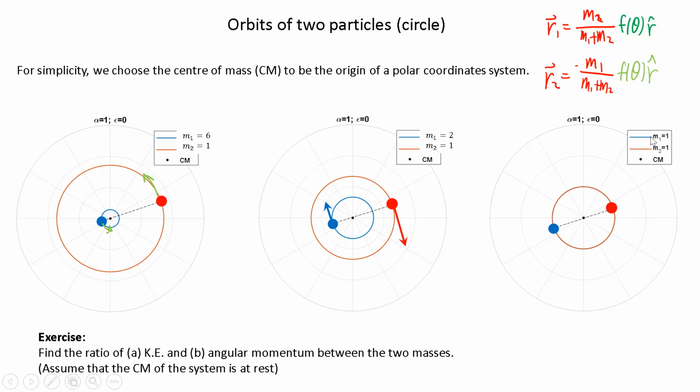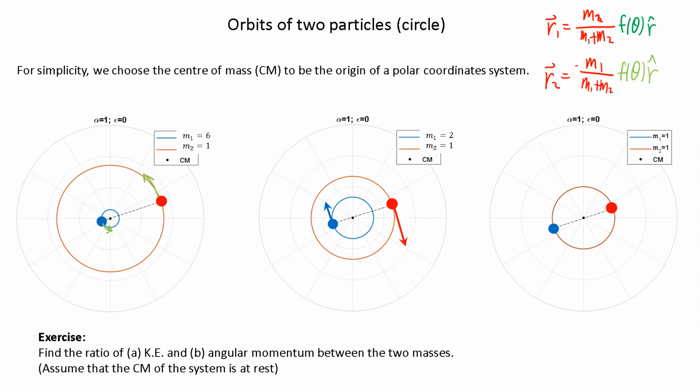If I have exactly 1 to 1, they are basically rotating around the common center over here. If this mass is really big, then this blue circle will become very, very small, so small that it just looks like it's not moving at all.